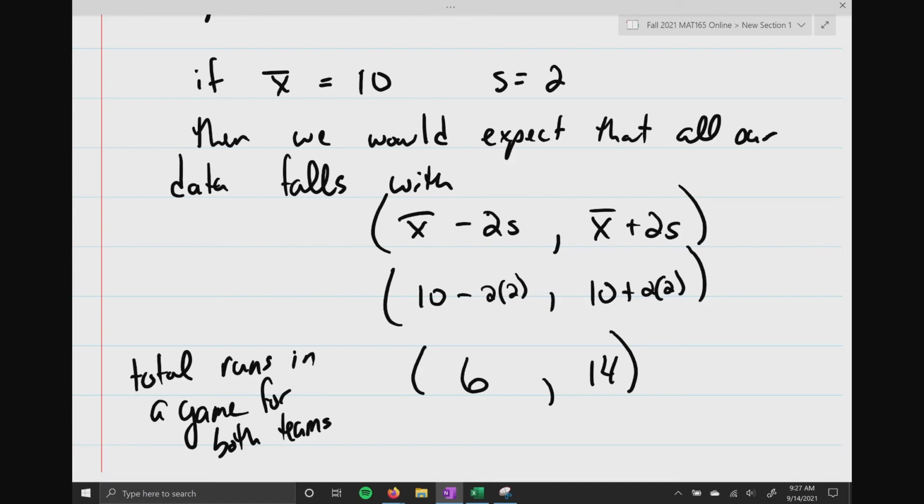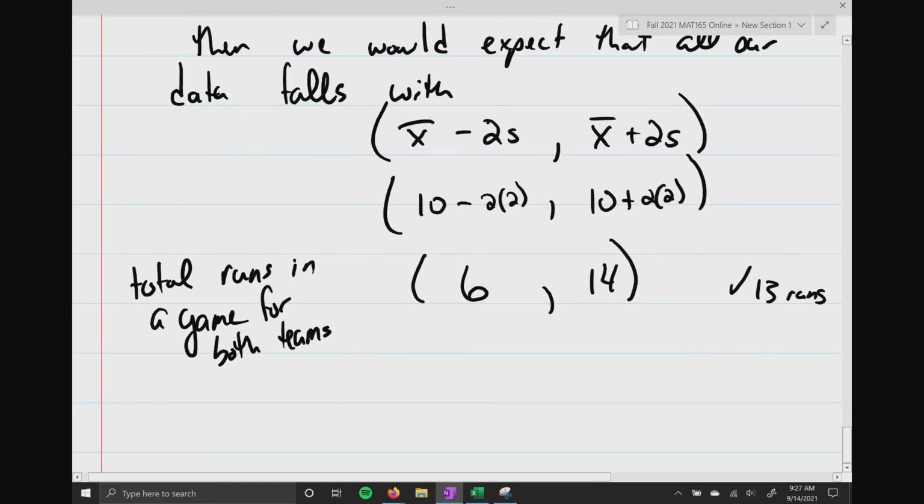If we said we had games that had 13 runs, then I would say, yeah, I expect that. But if there was a baseball game where there were 21 runs, I would say that's a little suspicious, because 21 runs is outside of this range rule of thumb that we've just calculated.